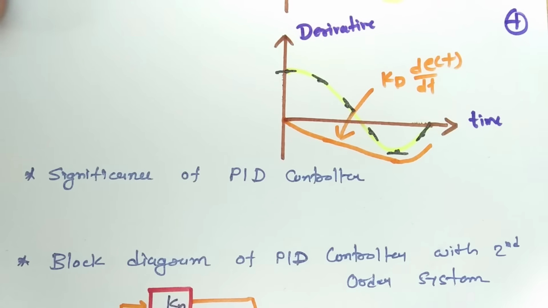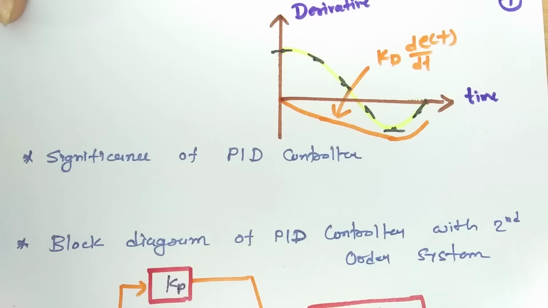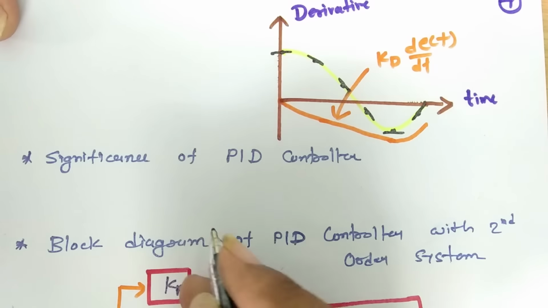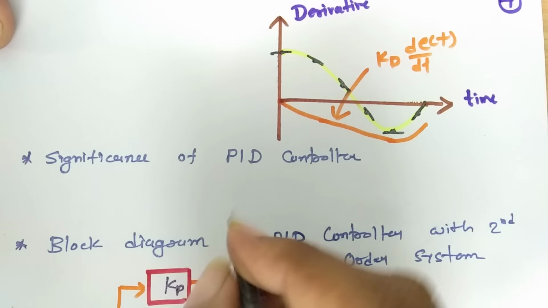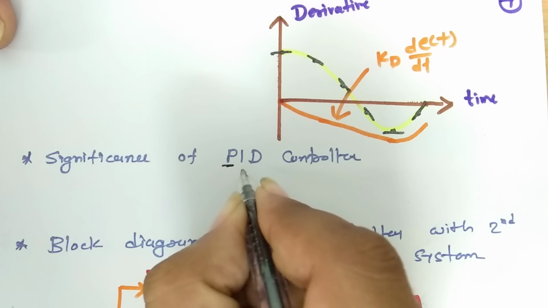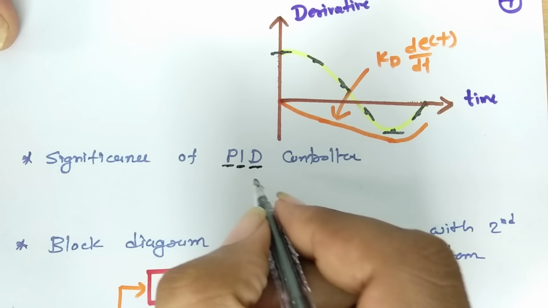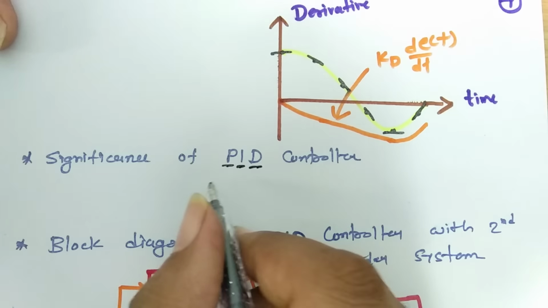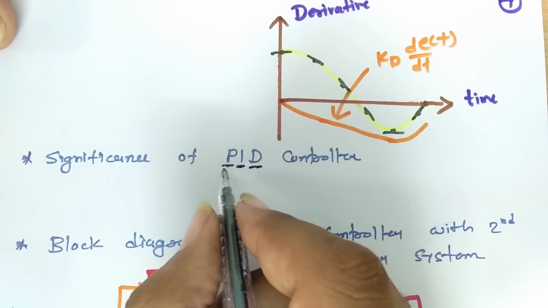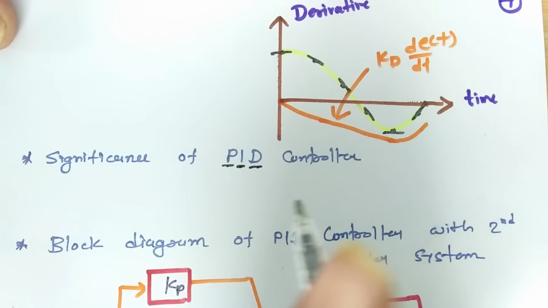Now let us move on to the next point, which is the significance of the PID controller. The PID controller has the significance of the proportional controller, integral controller and derivative controller. All the benefits that come with PID are based on proportional, integral and derivative.